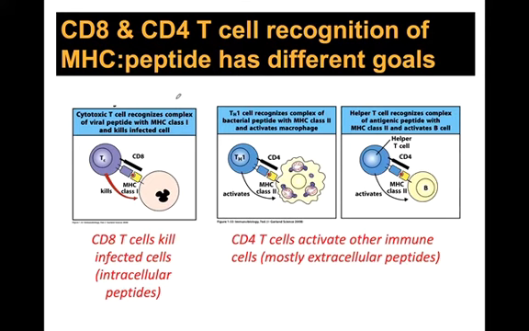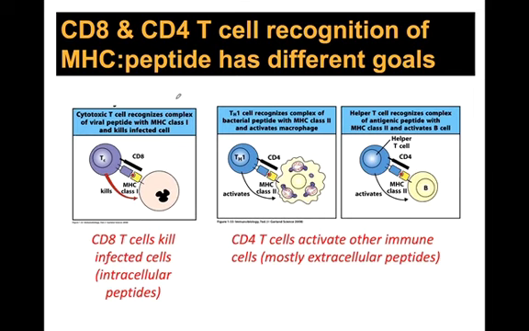And that really boils down to the different jobs that these T cells have. CD8 T cells become activated and become cytotoxic T cells. They have one job: go out and kill infected cells. So mostly they're going to be looking for cells that are presenting antigens from intracellular sources, indicating that cell is in fact infected. CD4 T cells, on the other hand, are not necessarily going to be killing target cells.